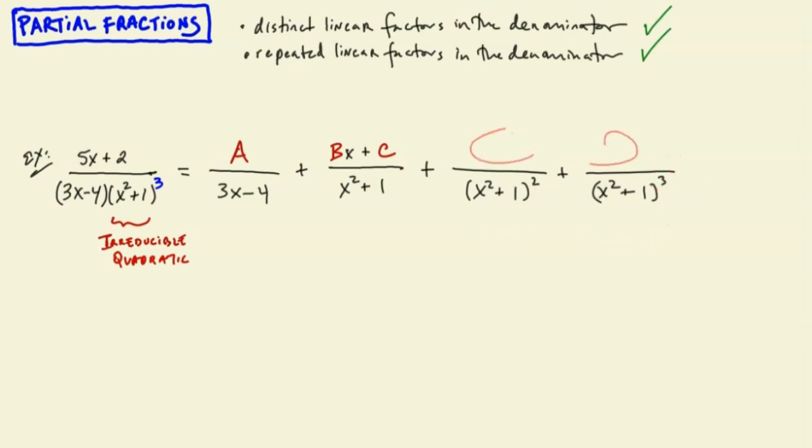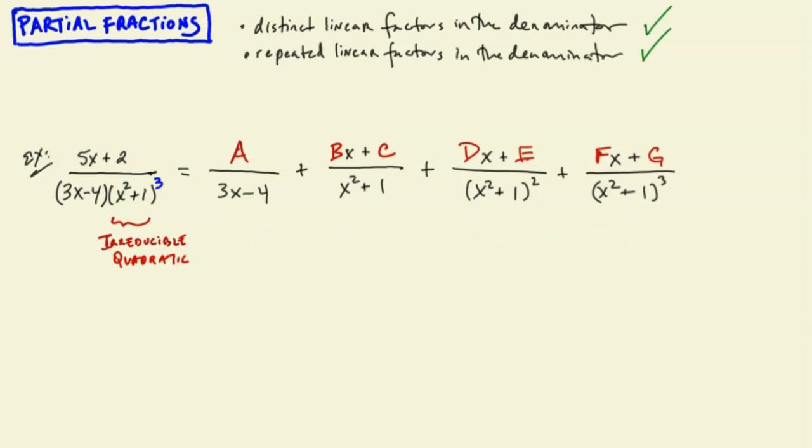And the numerators are still going to look like the form of the original one, namely linear functions. Like maybe this one will be dx plus e for some constants d and e, and the last one might be something like fx plus g for some constants f and g. And once we have set up everything in this form, you are all set up for a dreary algebraic task.